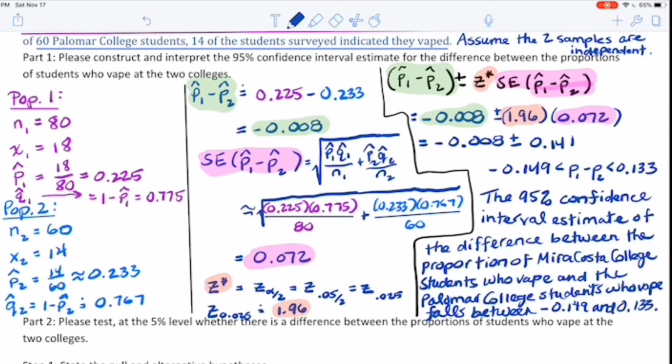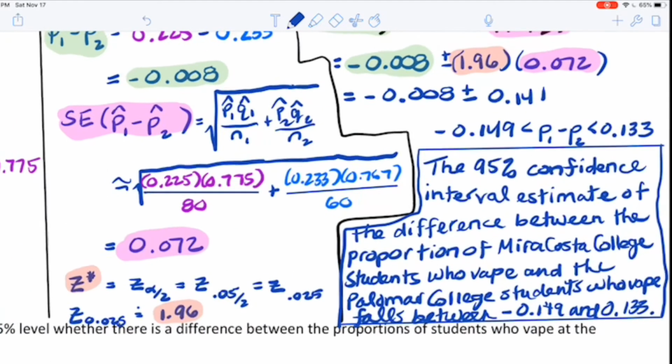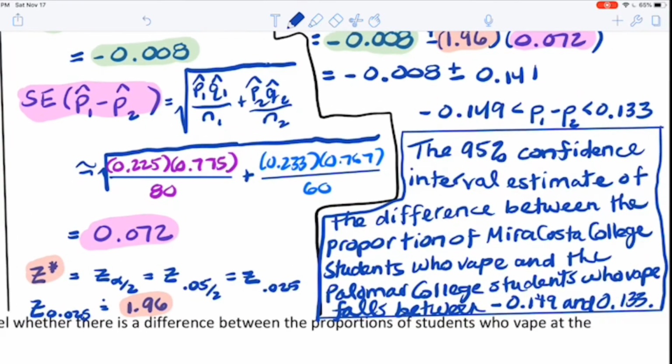Cool? This would be the result here. Good so far? Awesome. Sorry, that's squished a little bit in there.